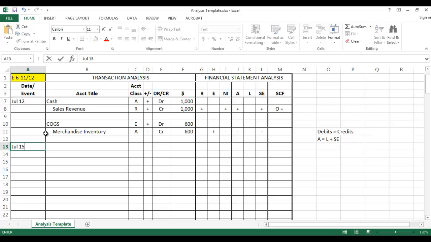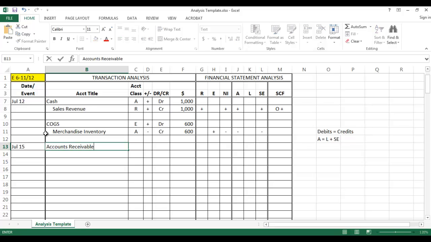Here on July the 15th, we sold merchandise to Claudio's Chair Company at a selling price of $5,000 on terms 3/10, n/30. The goods cost us $3,500. So Claudio's Chair is not paying us anything in cash, right? They're buying on credit, terms 3/10, n/30. So we need to record the amount that they owe us.